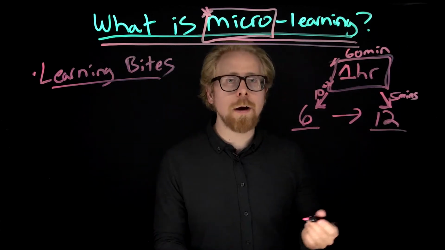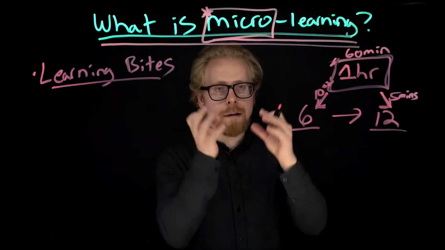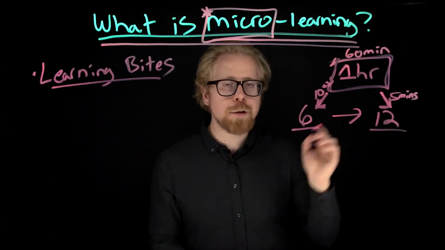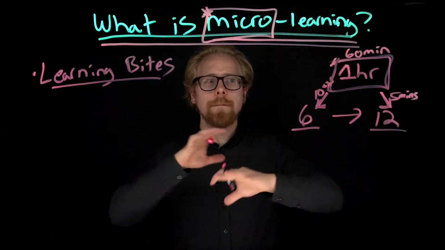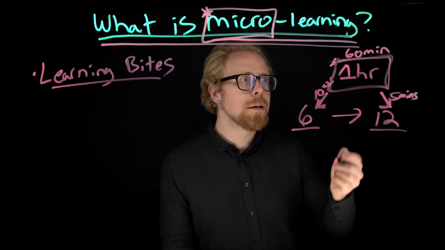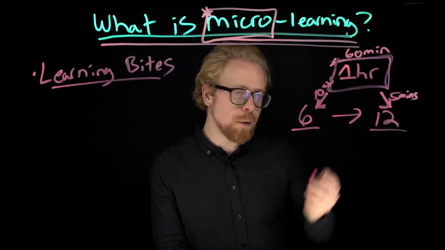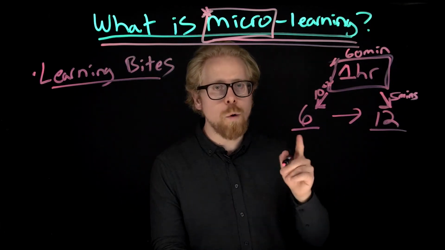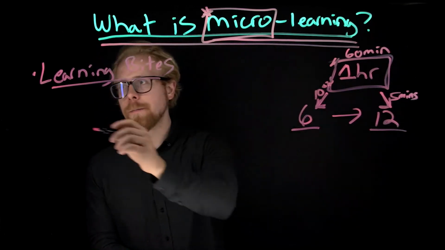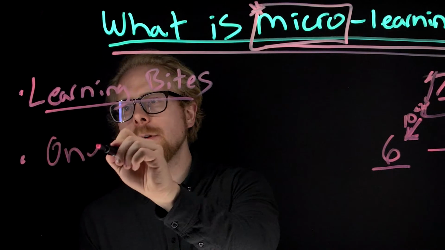What you're able to do now is focus on one topic in each piece of content. Okay, so instead of covering 6 to 12 different topics in 1 hour, you're covering one topic, one learning bite, one topic. That's what you're doing.